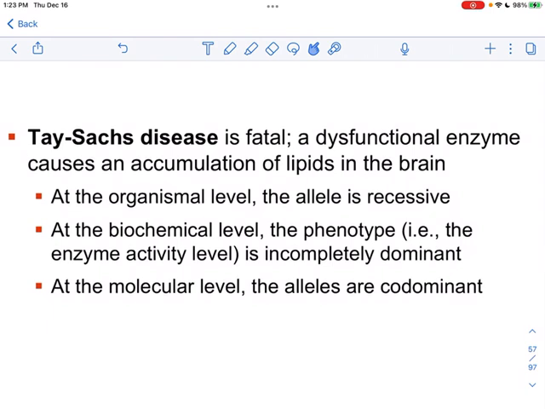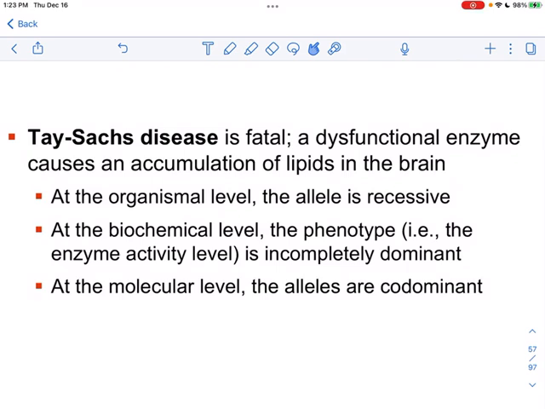traits that affect humans. Tay-Sachs disease is actually a fatal disease that is also the result of a dysfunctional enzyme. In this case, the functional enzyme is responsible for breaking down certain classes of lipids from our diet.